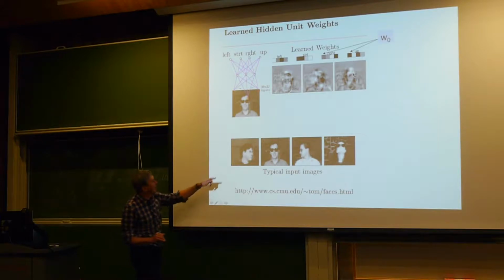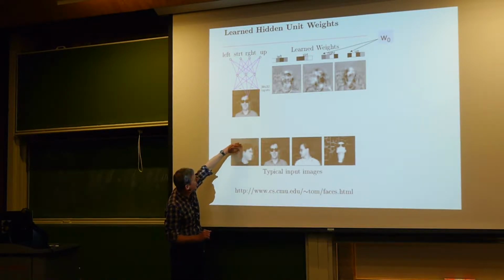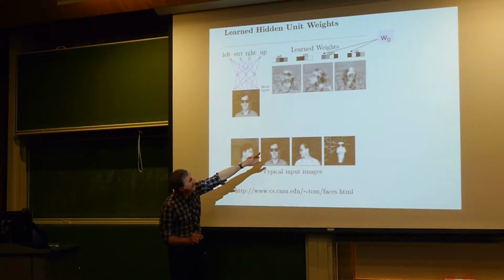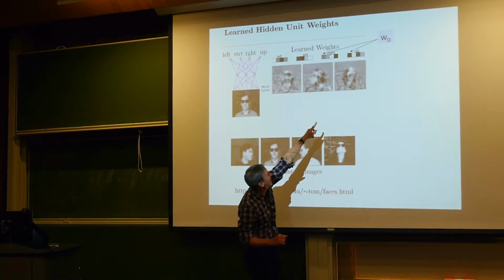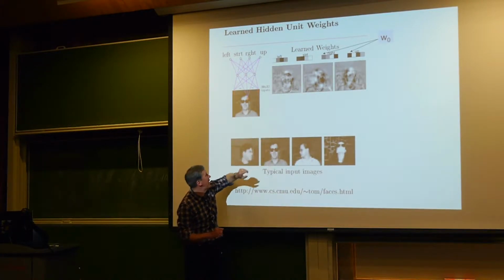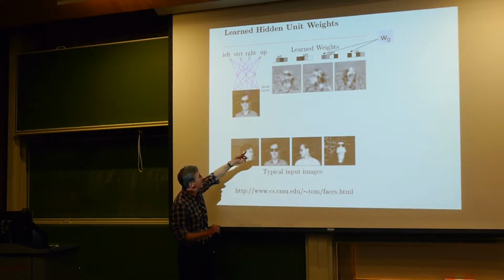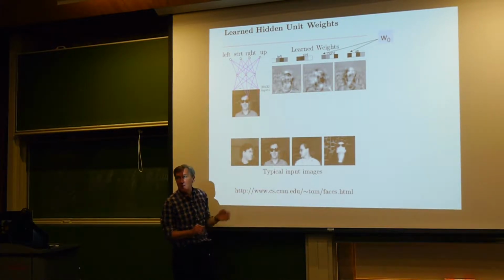If a person's looking that direction, there's going to be dark stuff in this part of their image and light stuff over here. And that one would probably be activated more because it'd be multiplying negative numbers by negative numbers and positive numbers by positive numbers, so you get a big activation.